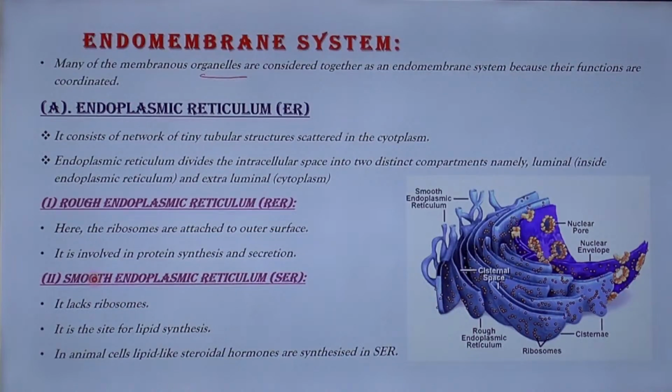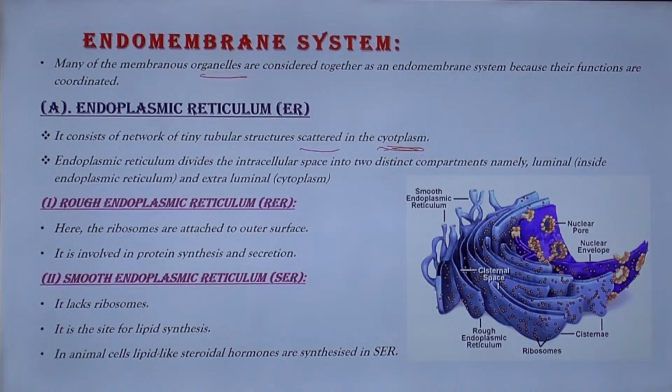It consists of a network of tiny tubular structures scattered in the cytoplasm. Where is it scattered? In the cytoplasm. The endoplasmic reticulum is scattered in the cytoplasmic region of the cell.